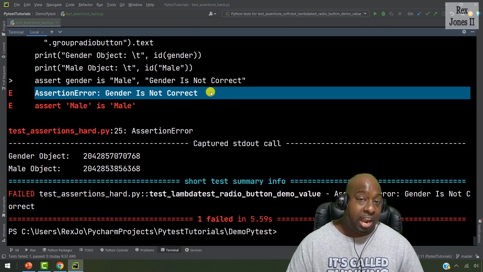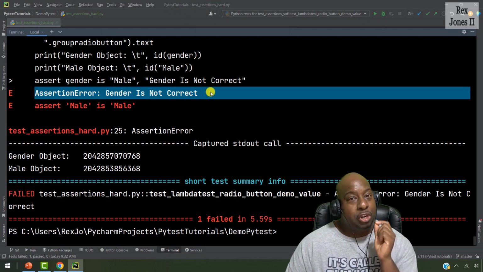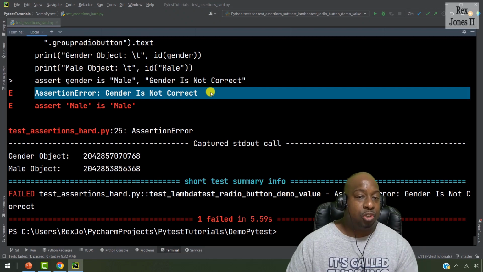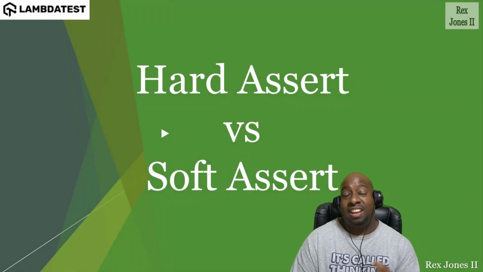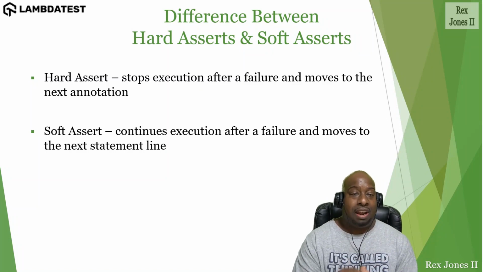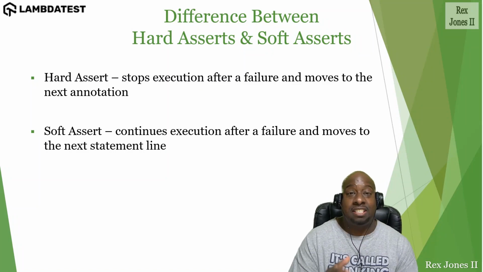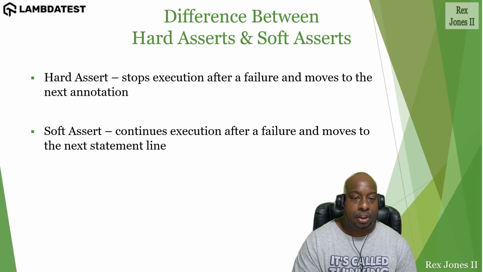We see assertion error, gender is not correct, assert male is male, but do not see the one for age group. That is the difference between hard assert and soft assert. A hard assert stops execution after a failure, but a soft assert continues execution after a failure.